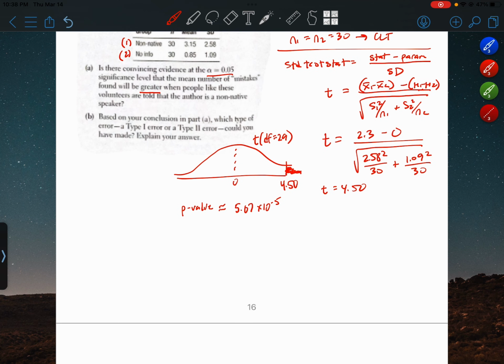Let's make a conclusion. Since 5.07 times 10 to the negative 5 is less than 5%, we reject the null hypothesis. So yes, we do have convincing evidence that the mean number of mistakes found will be greater when people, like these volunteers, are told that the author is a non-native speaker.